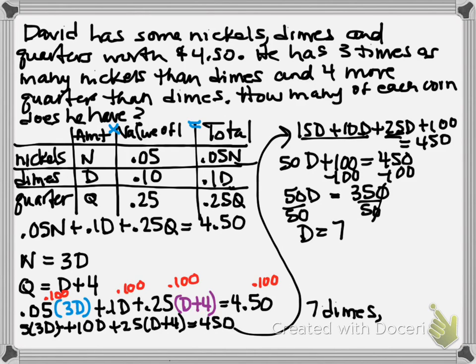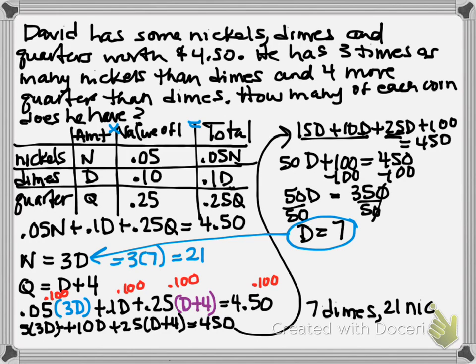Okay, but that's not all, right? I've got to figure out how many of the other kinds. So I'm going to take this answer and substitute it in for the number of nickels. The number of nickels is going to be 3 times the number of dimes. So 3 times 7 is 21. So then I have 21 nickels, not pickles. And then I'm going to take that value for dimes and substitute it in for quarters.